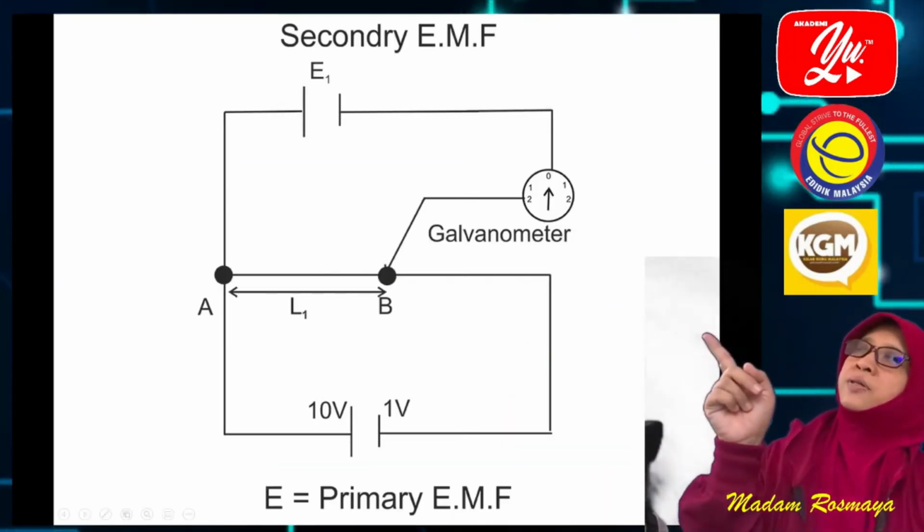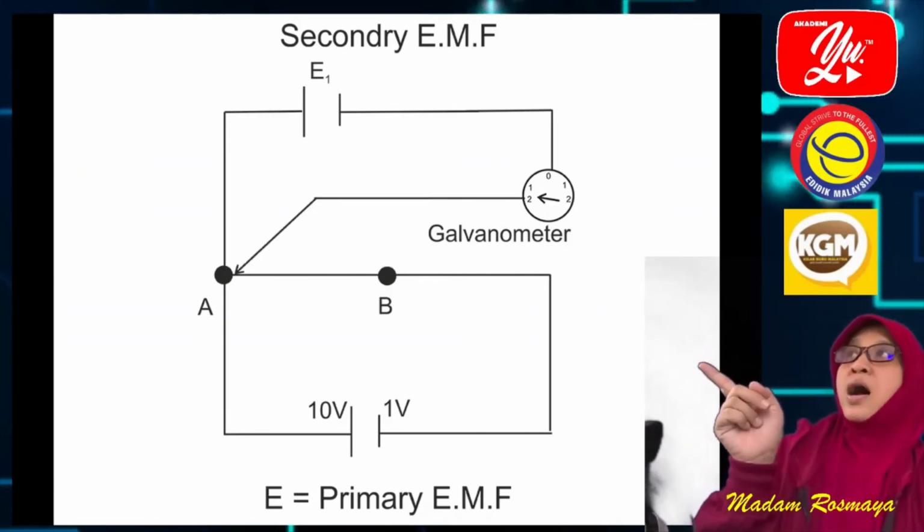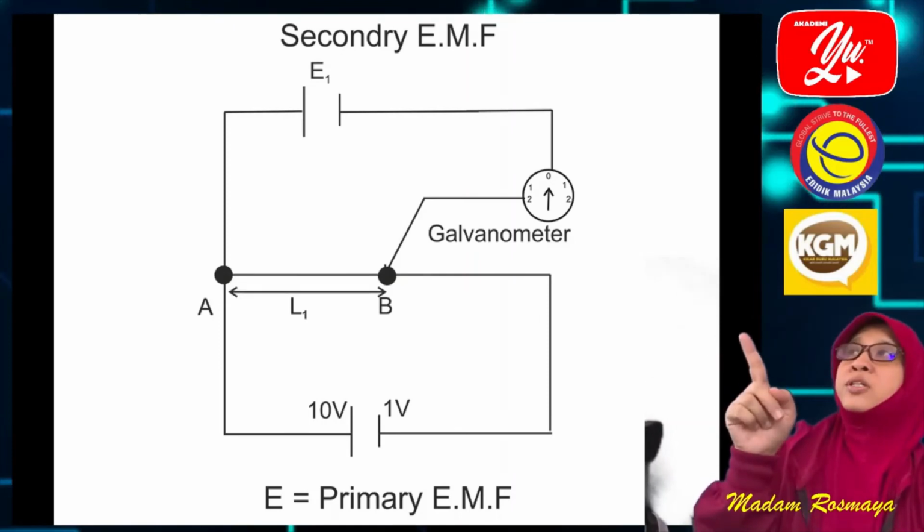Now refer to the animation given here to get the idea how the galvanometer points to zero reading.